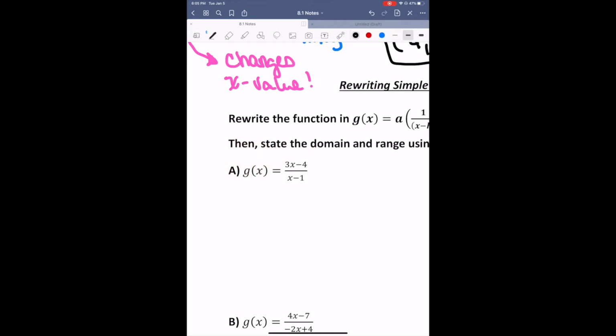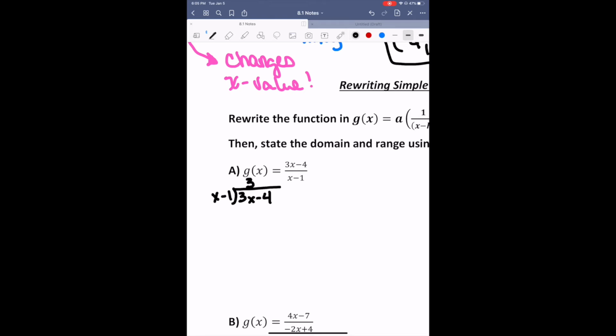So we're going to take our divisor, put it on the outside, and we're going to take our dividend and put it on the inside. So numerator and denominator. Now, remember we divide the inside by the first term of the divisor. So 3x minus 4 divided by x is 3.